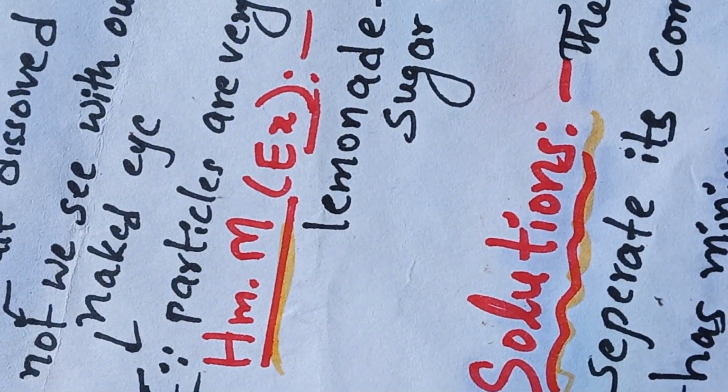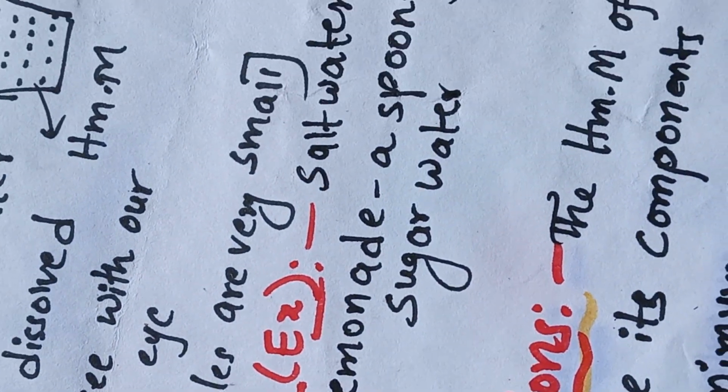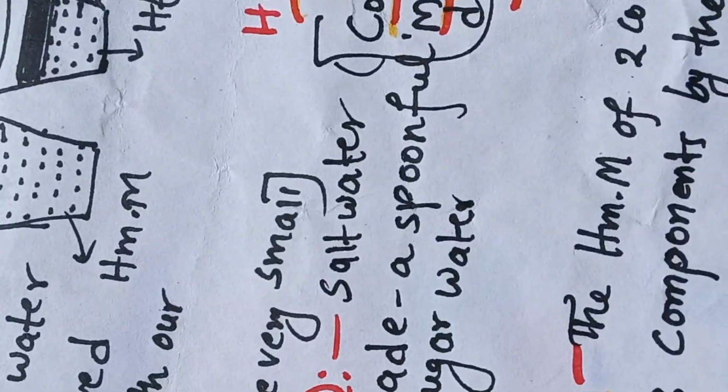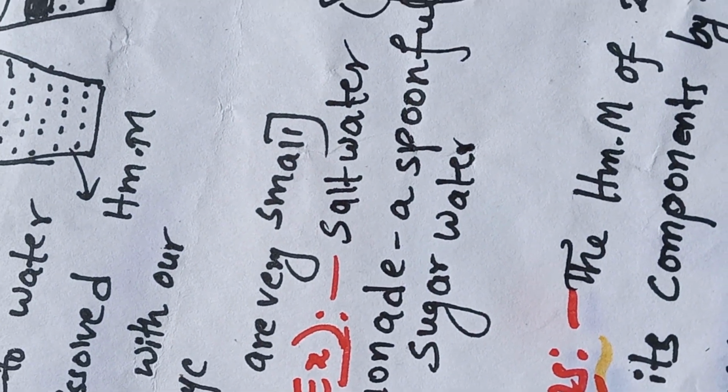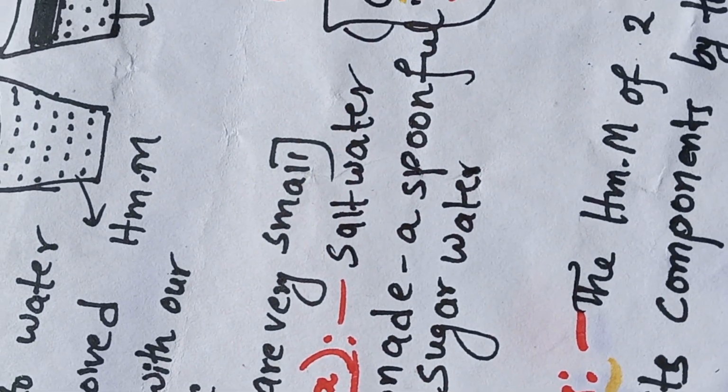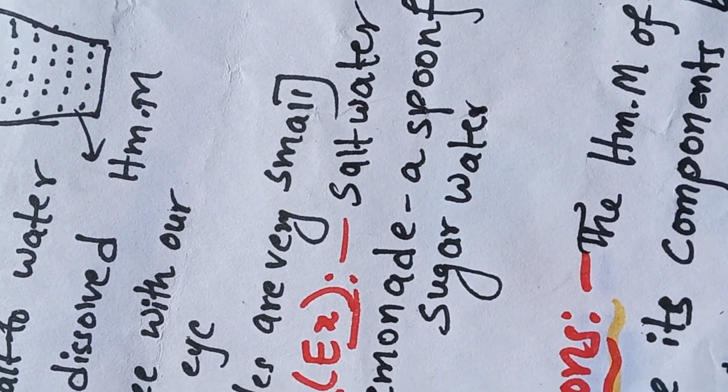Components of a mixture that are uniformly distributed are the homogeneous mixtures. Examples: salt water, lemonade, and a spoonful of lemonade also is an example of a homogeneous mixture.